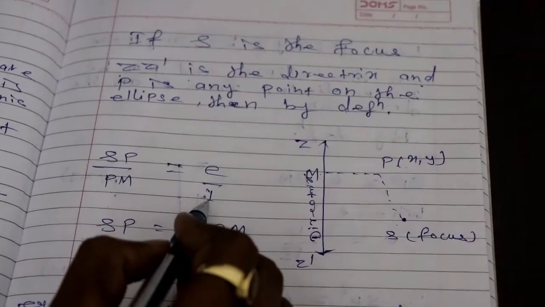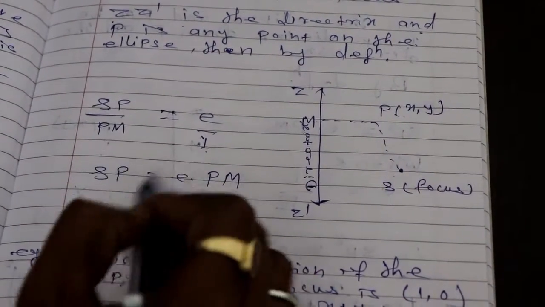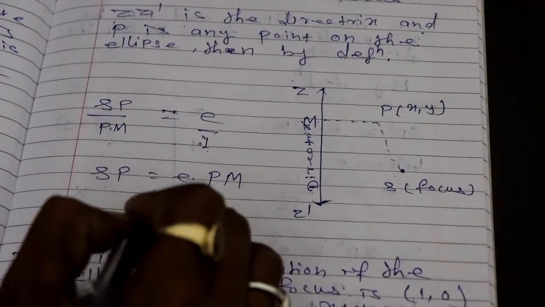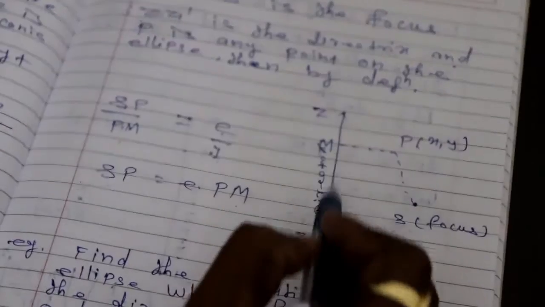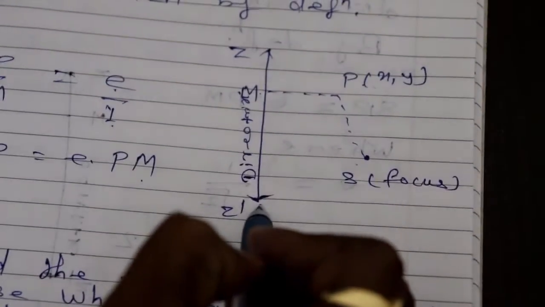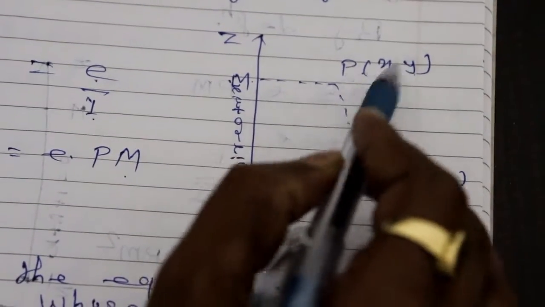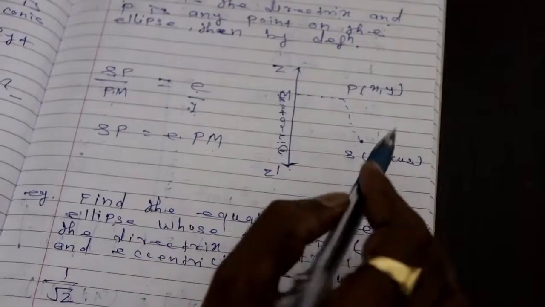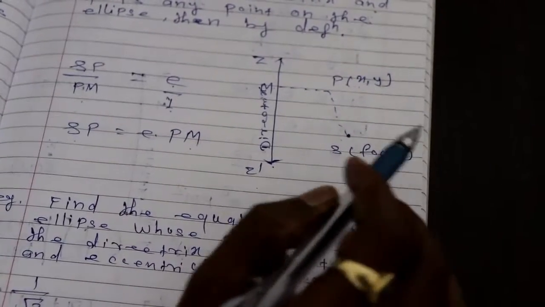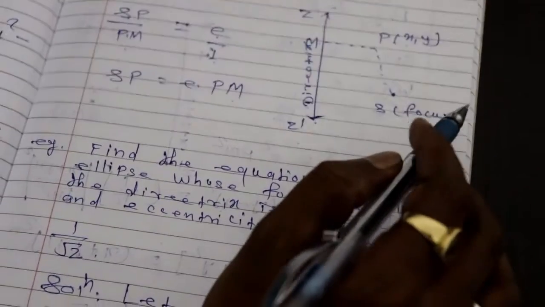Therefore put 1 in the denominator and cross multiply: SP = e·PM. The line is the directrix line ZZ', and P is (x, y). Suppose the given point is (1, 2), so x = 1 and y = 2.